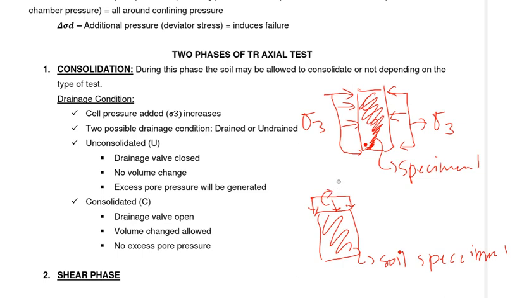So our major principal stress, the load here, is sigma 1, the pressure created by the load we applied on the top of our specimen. And our minor principal stress is sigma 3, here at the side of our specimen.